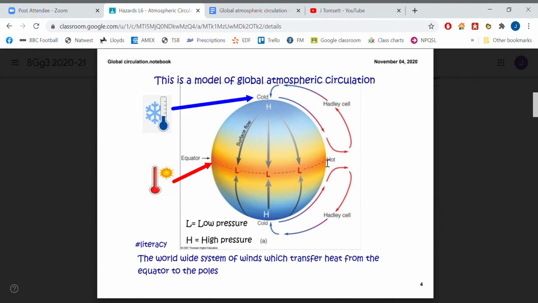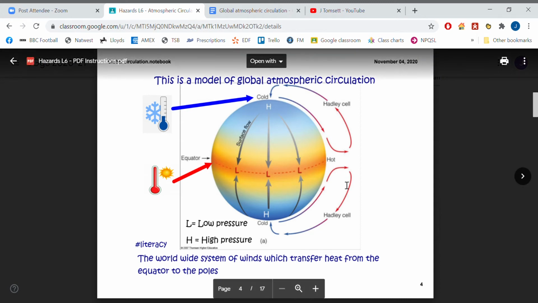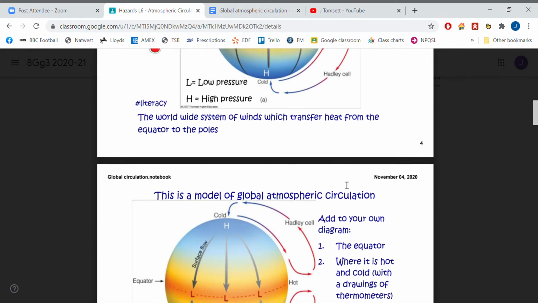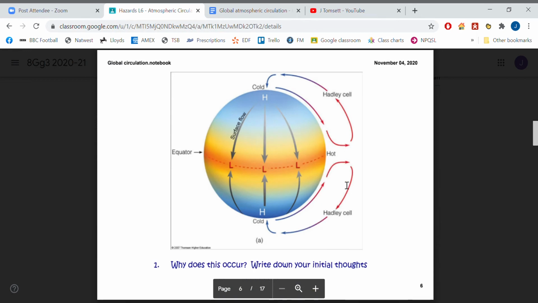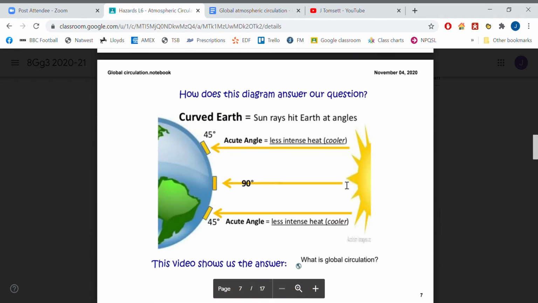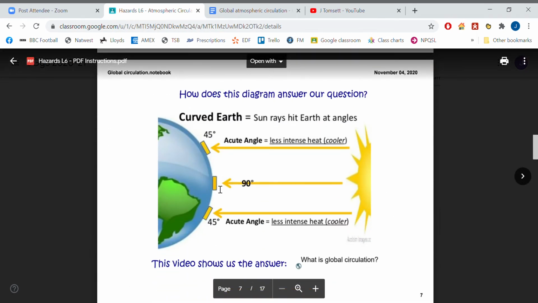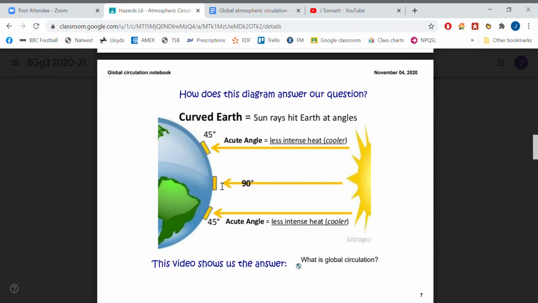So what we essentially have is the sun is very, very concentrated on the equator. Okay, so at this point on the equator, the equator is getting direct sunlight, whereas up in the poles, the same amount of sunlight is actually spread over a much larger area.